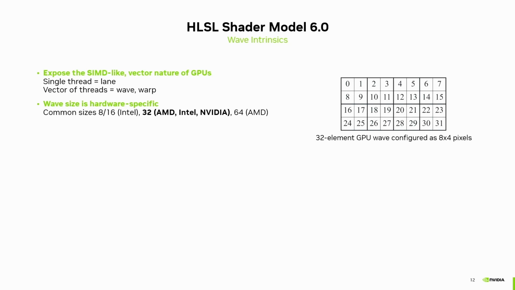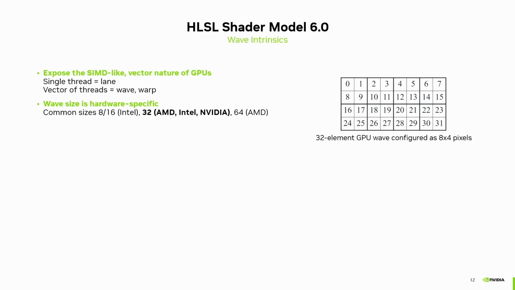Instead, you get exposed to the real nature of GPUs, which is more like SIMD on CPU. You can access a whole vector of different threads. A single thread is called a lane in this terminology, while a vector of threads is called a wave, or in NVIDIA's terminology a warp. And the size of the wave is hardware dependent.